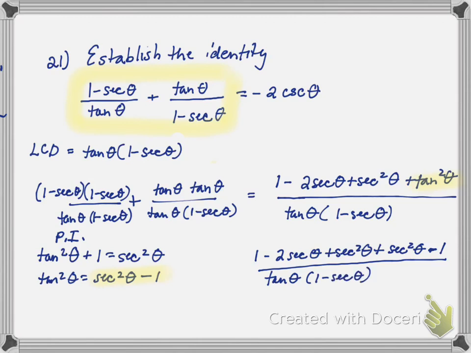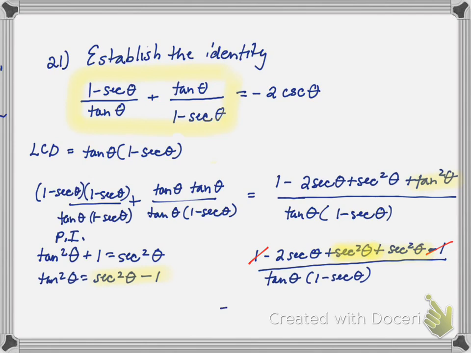At this point, now I can start getting rid of some things and combining some like terms. If you look here, you'll notice that the 1's will cancel each other out. 1 minus 1 is 0. And I have two values that are the same, secant squared theta and secant squared theta, so I can add those together.